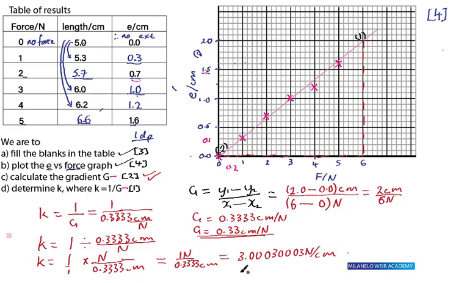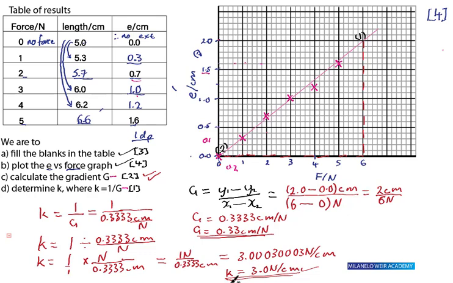The final answer can be written as K is equal to 3.0 Newton per centimeter. So having done this, you will get it correct.